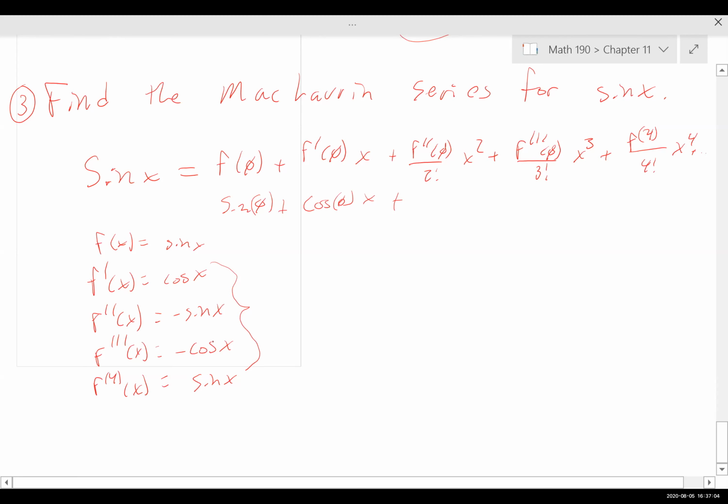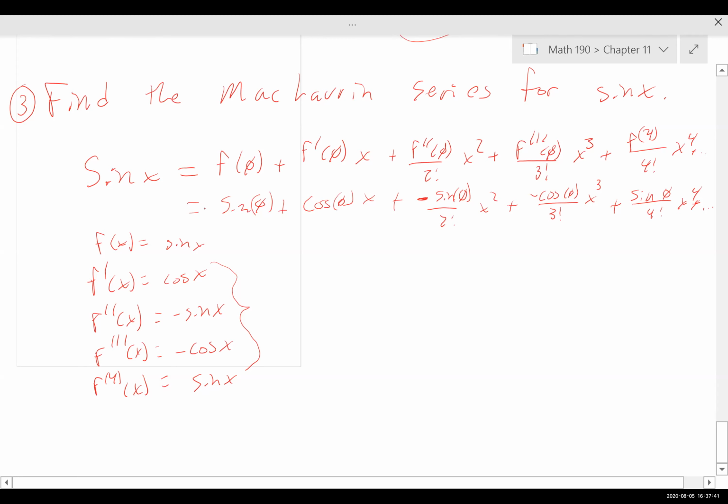So this was negative sine of 0 over 2 factorial x squared plus negative cosine of 0 over 3 factorial x cubed plus all the way back to sine of 0 over 4 factorial x to the fourth plus dot dot dot.